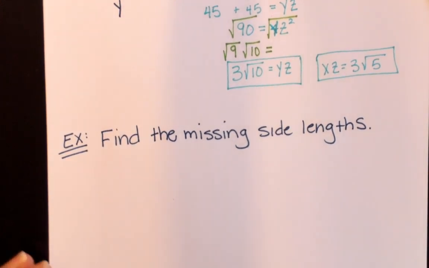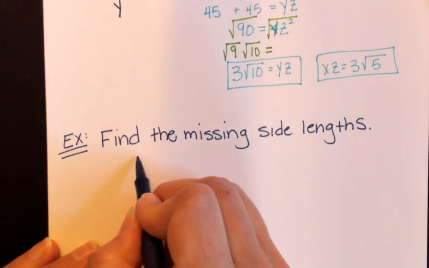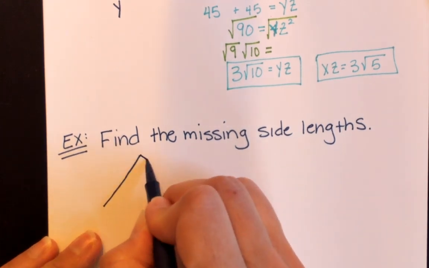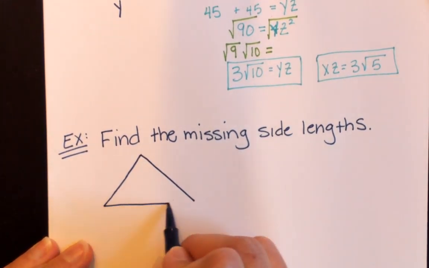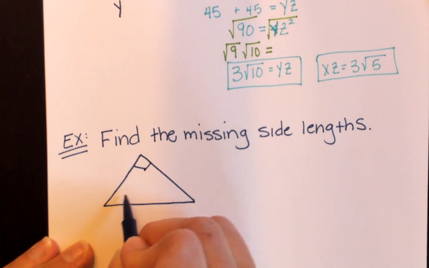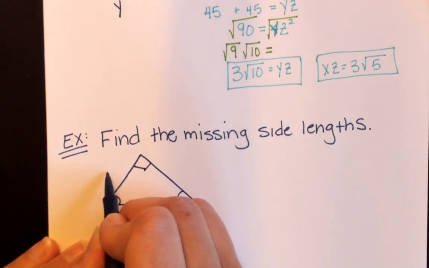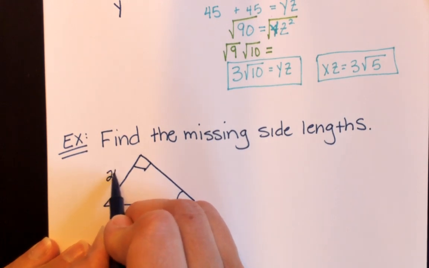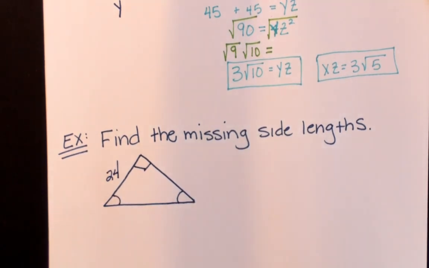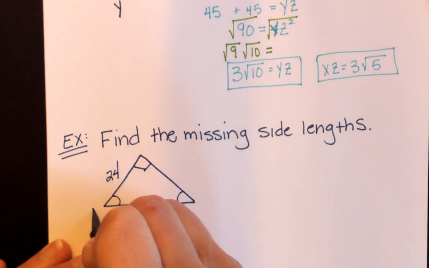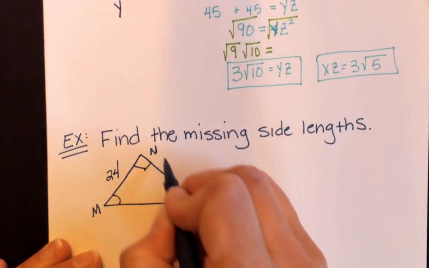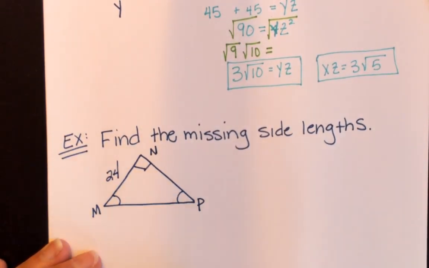So let's turn this guy around just so that we're looking at it a little bit differently. Make that guy 24, and we are going to have to find NP and MP.